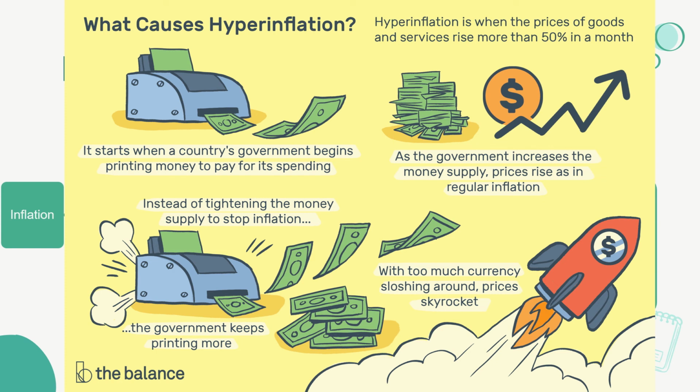They kept printing too much money. As the government increases the money supply, the prices rise as in regular inflation. Now, how is it related to money supply and prices?